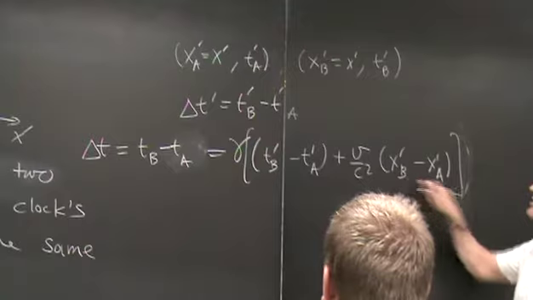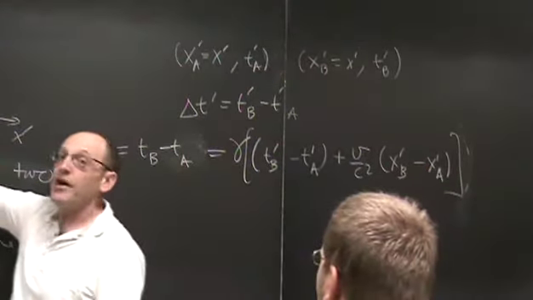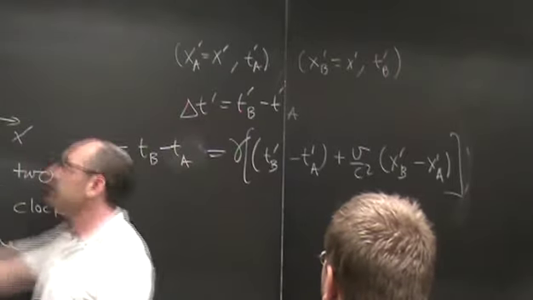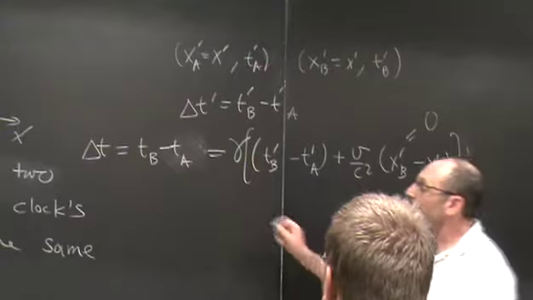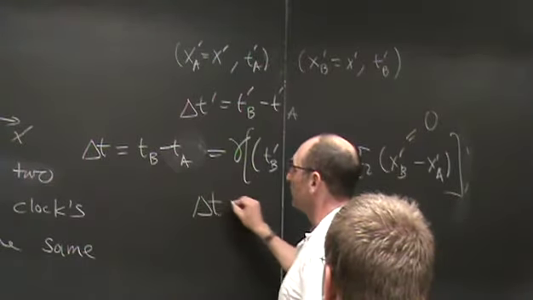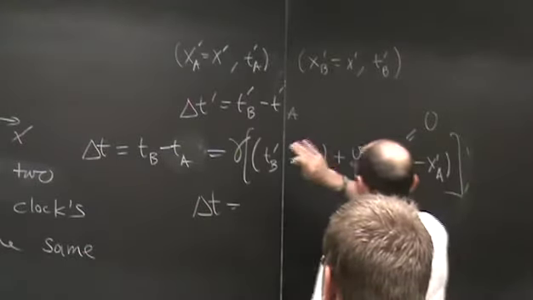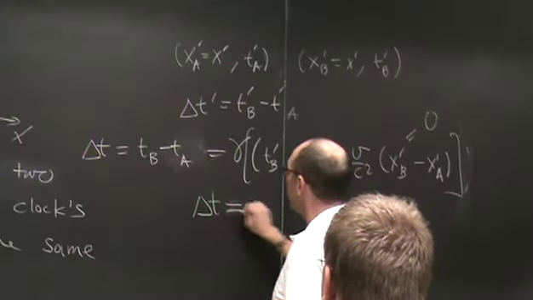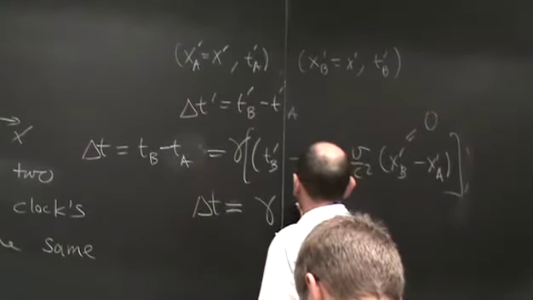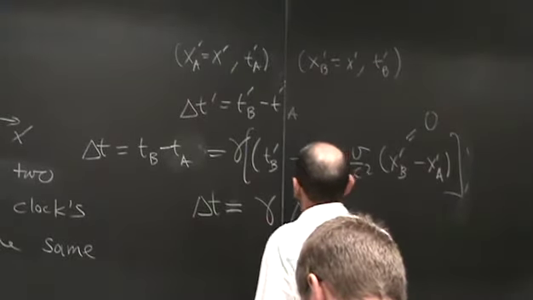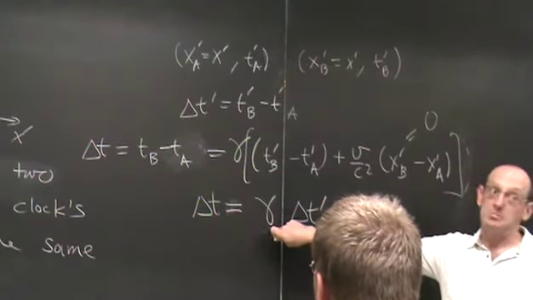But these happen at the same position relative to the clock's reference frame. So this is 0. So that means that the time between ticks that you see as the clock is passing by your eyes, moving at the speed v, those ticks are happening with a longer time interval, because gamma is always bigger than 1.